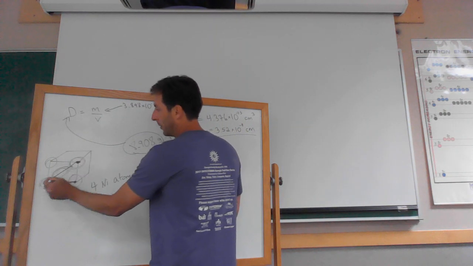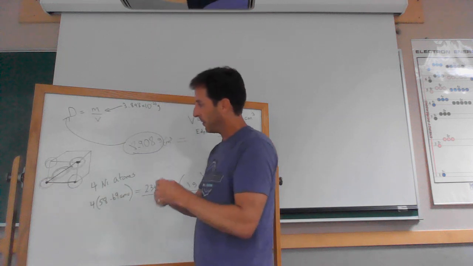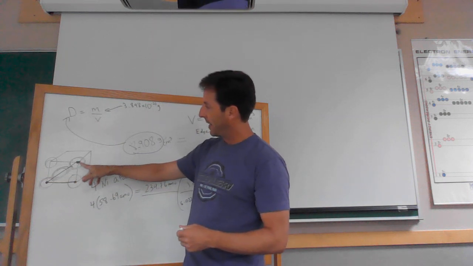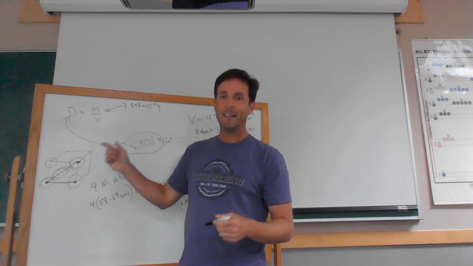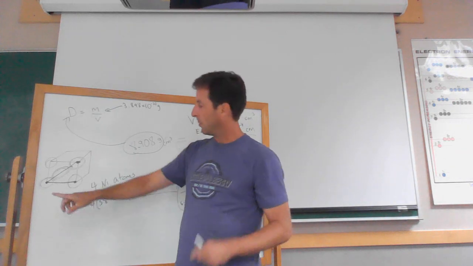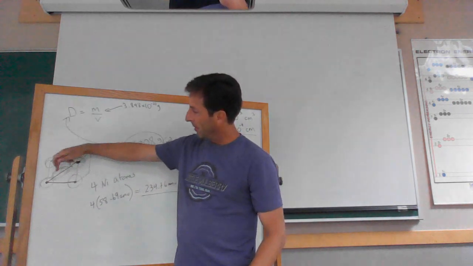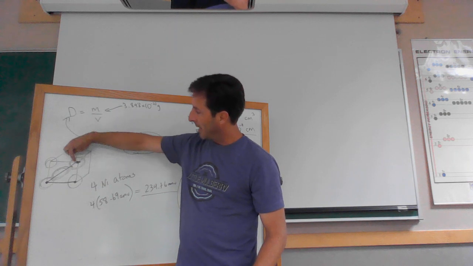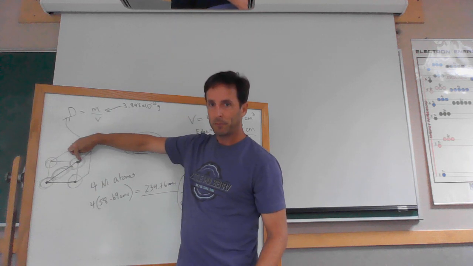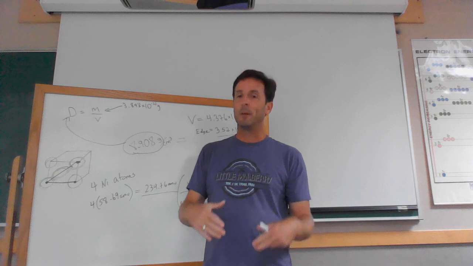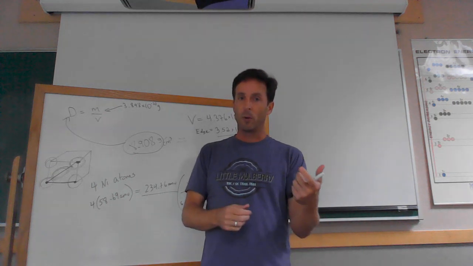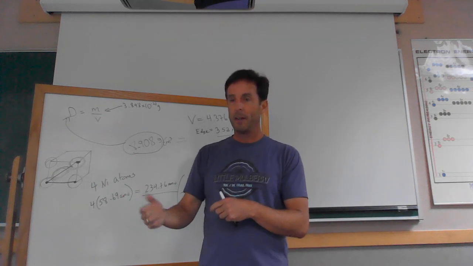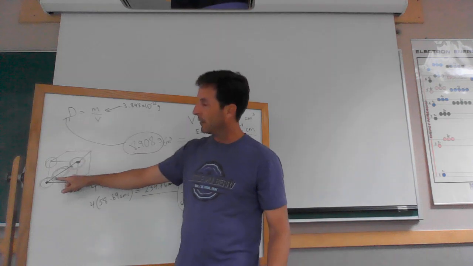If I go from one corner of this cell straight across the face to the other corner, that is going to go through one radius of the atom, then the diameter of the middle atom, and then the radius again of the next one. So if I use the Pythagorean theorem, a squared plus b squared equals c squared, I need to solve for the hypotenuse there.